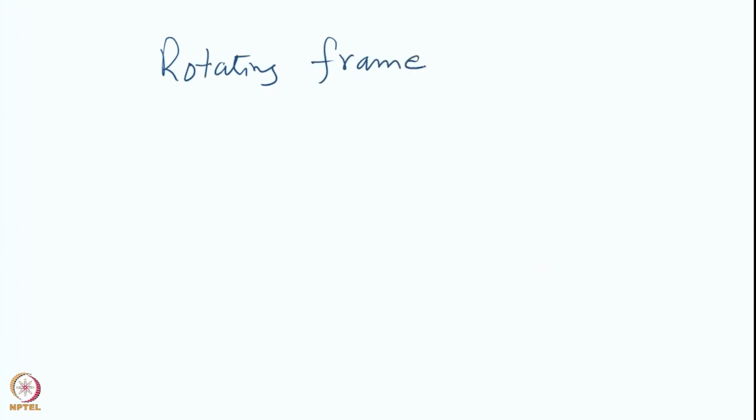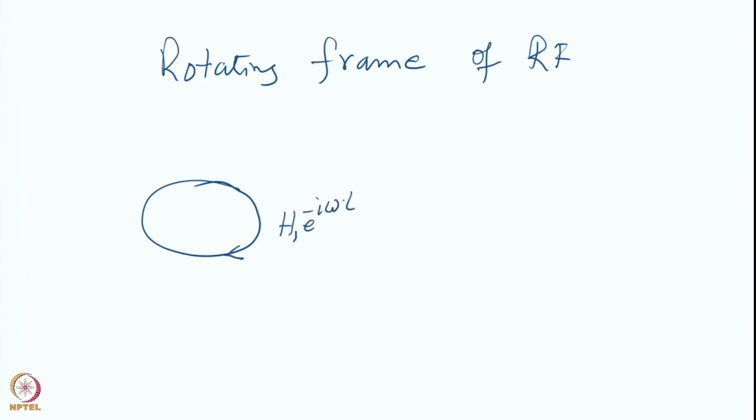Which rotating frame do we go to? Rotating frame of RF. In other words, I had this RF which was going in this direction, we consider this one, this is H1 e to the minus i omega t.